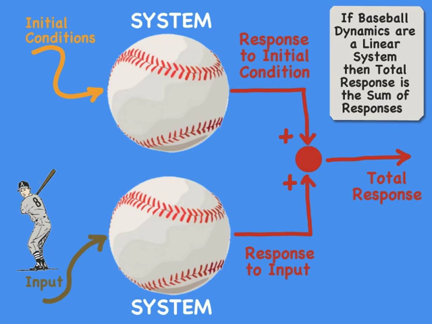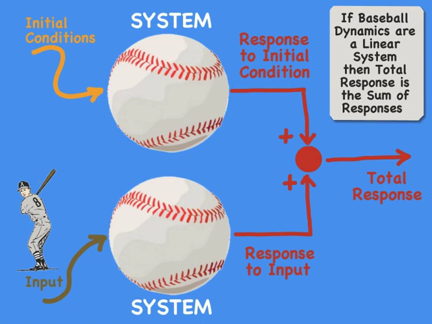If the baseball system was linear, then we could find the motion of the ball in response to both the initial conditions established by the pitcher and the force input by the batter by simply adding together those two motions.